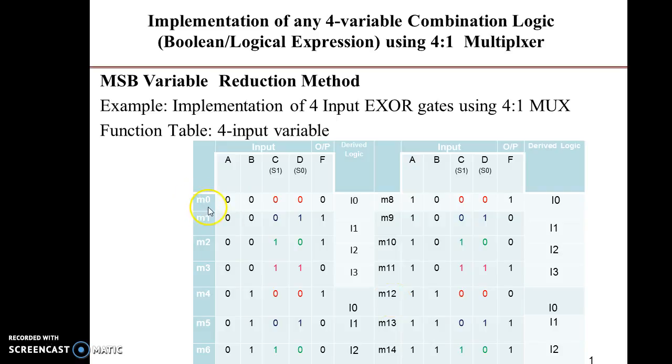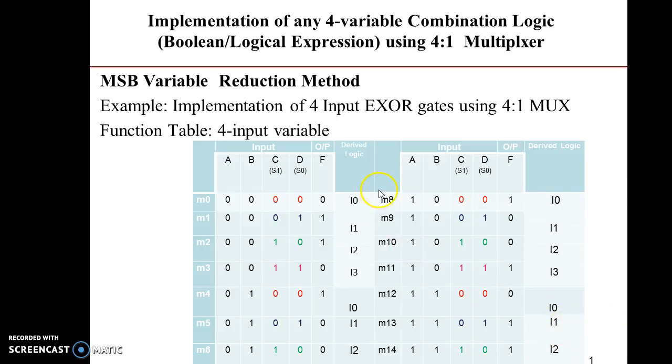So ultimately I merge min terms 0, 4, 8 and 12 into a single min term, and I can generate the logic corresponding to the I0 data input pin of the 4:1 multiplexer. Similarly, if I merge min terms 1, 5, 9 and 13, I can generate the data input logic corresponding to I1, and so on.